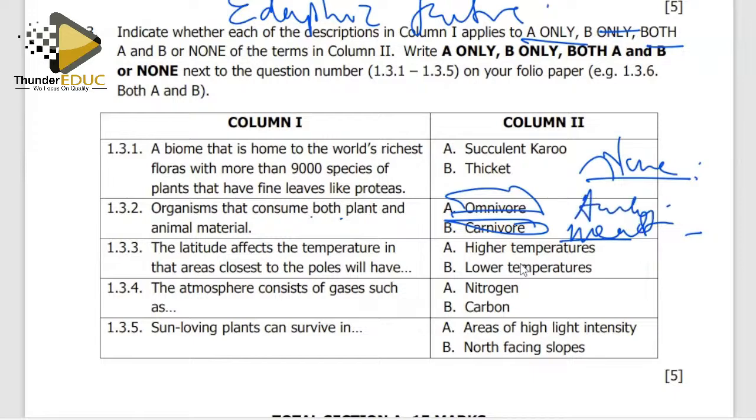Then 1.3, the latitude affects the temperature, in the areas closest to the pole will have what? High temperature, low temperature.